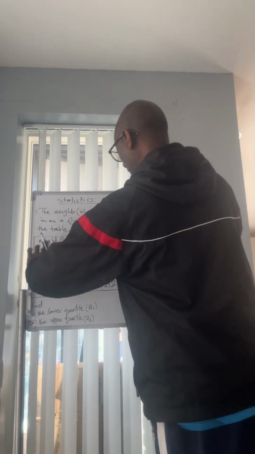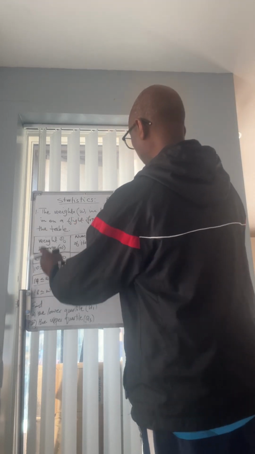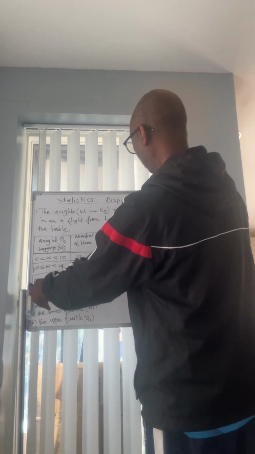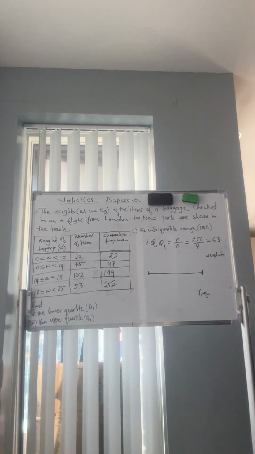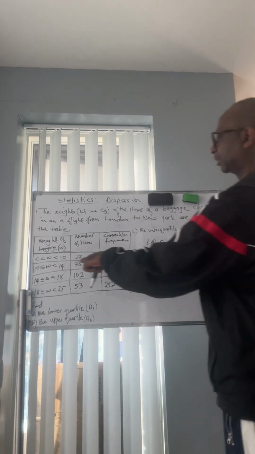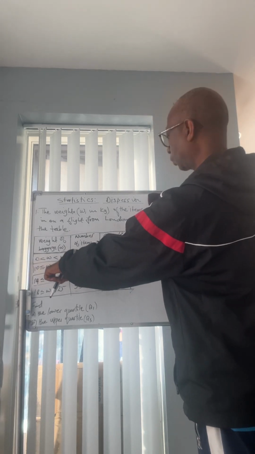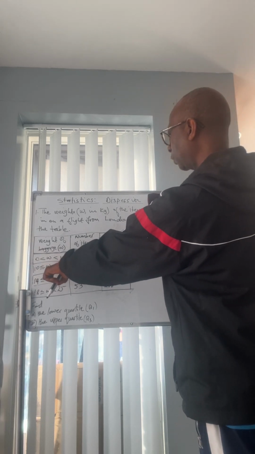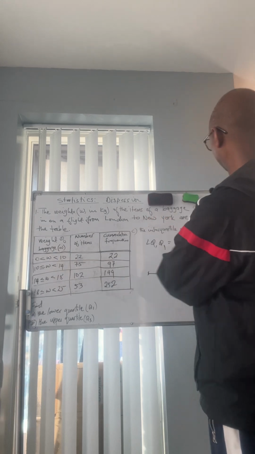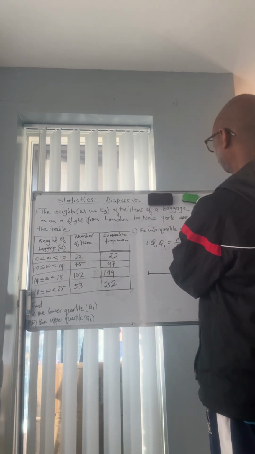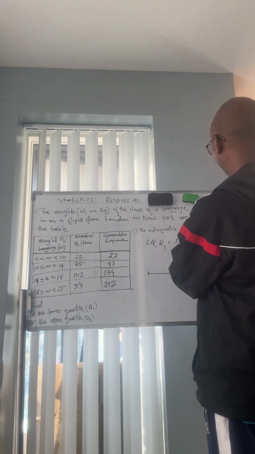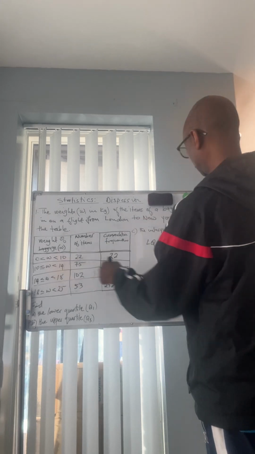Mind you, we'll be looking now at these two columns. This column and this column. For now, ignore this, because we're using cumulative frequencies now. And we are looking at weights. So we know the quartile we want to find falls between 10 and 14.